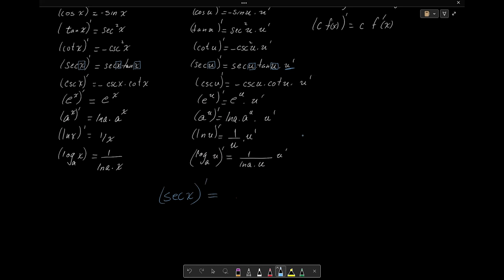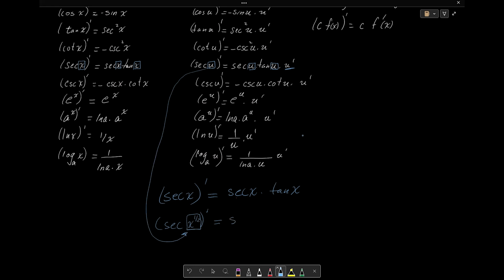So again, we know how to take the derivative of the secant of x. This is secant x, tangent x. Now, what if I have the secant of x to the 1/2? This is the u I was talking about. Again, we do the same. We just take the derivative of the secant of that thing, like we're taking the derivative of the secant of x.